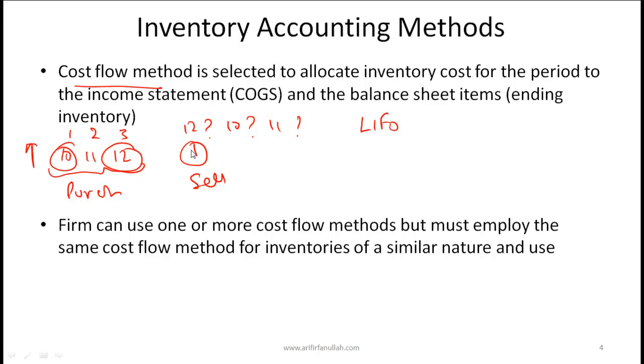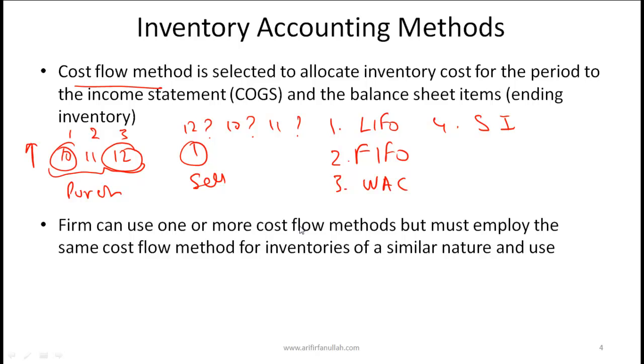Now this does not mean that you are actually selling the last item, this simply means that the cost assumption that you use is based on the cost of the last item. So in any case, the four methods are LIFO, FIFO, weighted average cost, and specific identification. We'll talk about these in some detail shortly.